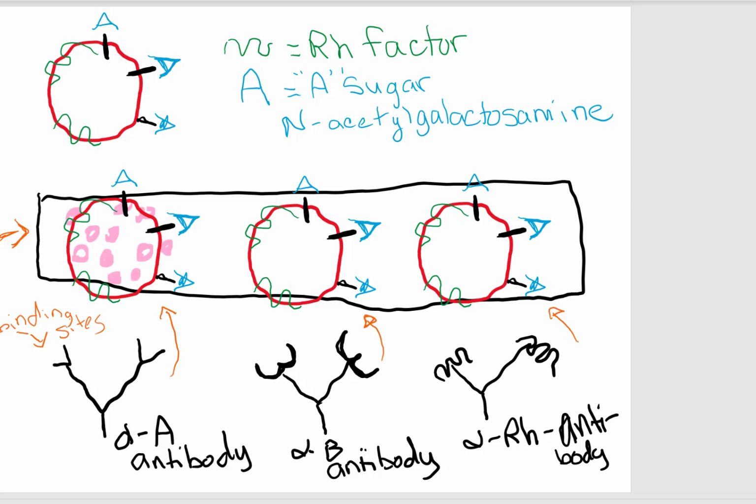To the second blood drop from the same patient, you add anti-B antibody. Will this anti-B antibody find any B sugar? Is there a B sugar present? This patient does not have B sugar sticking out of its red blood cell.